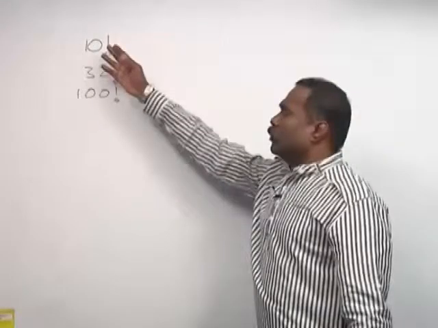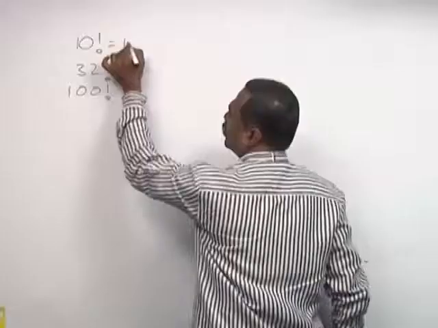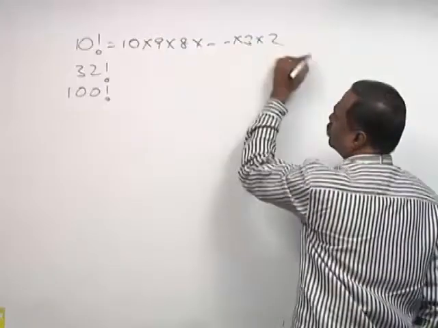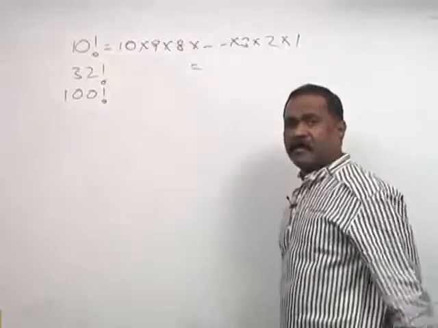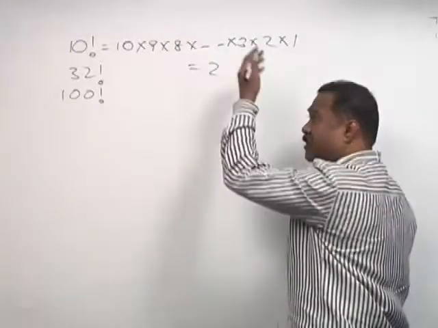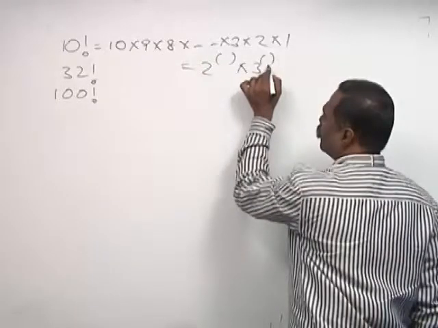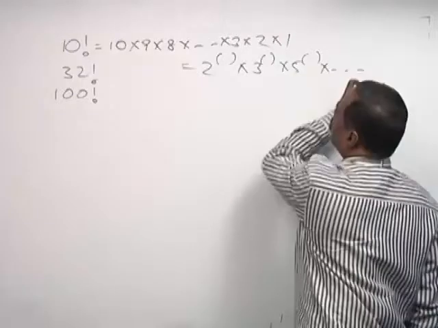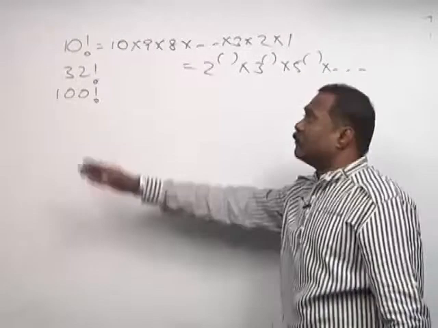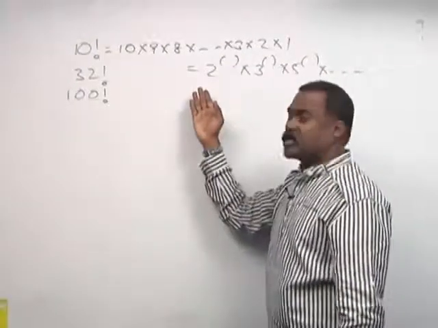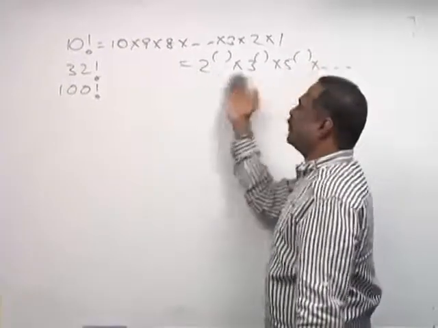You know 10 factorial is nothing but 10 into 9 into 8 into so on into 3 into 2 into 1. If you simplify this, you will get prime factorization for this also: 2 power something, 3 power something, 5 power something and so on. That means whenever you take any factorial, that factorial will consist of all the prime factorization.